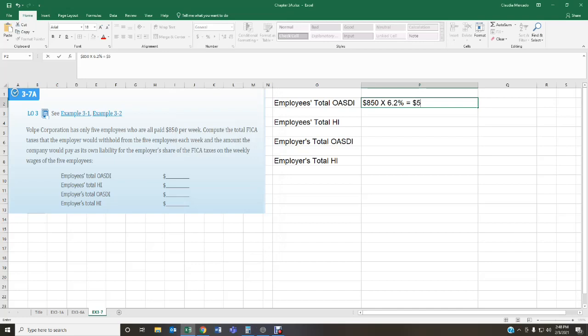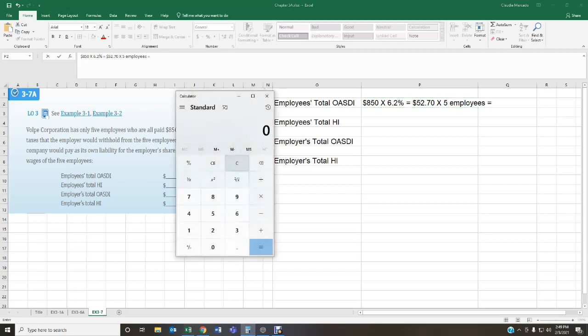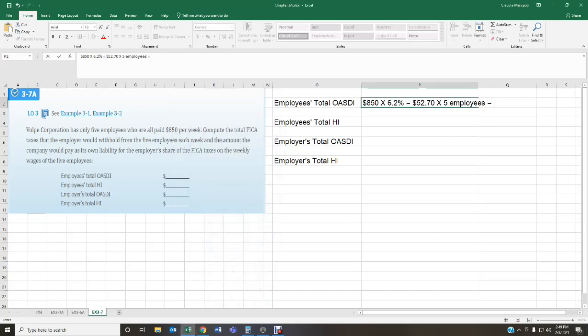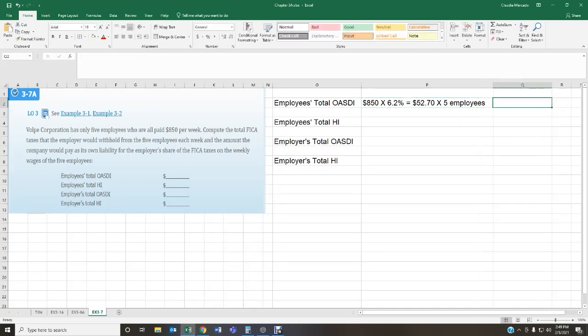Once I get the amount of taxes for one employee, $52.70, I'm going to multiply that by 5 employees, which is what I have in my payroll. That means that we are going to withhold $263.50.